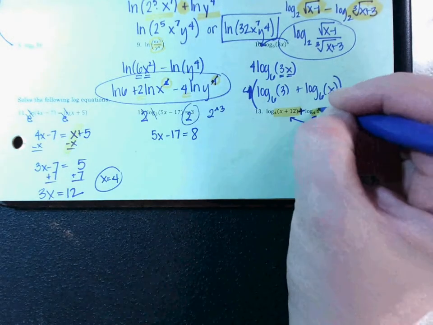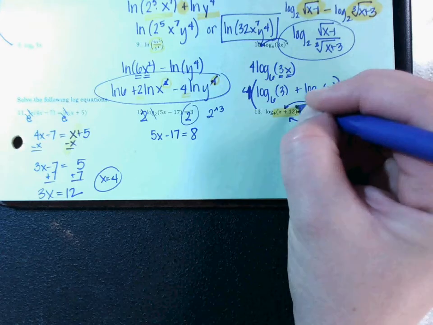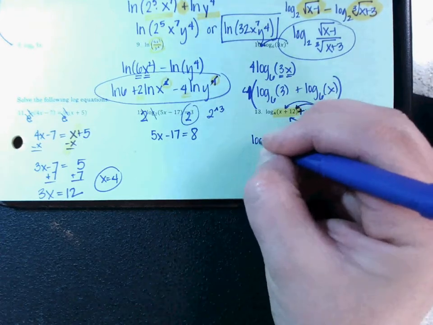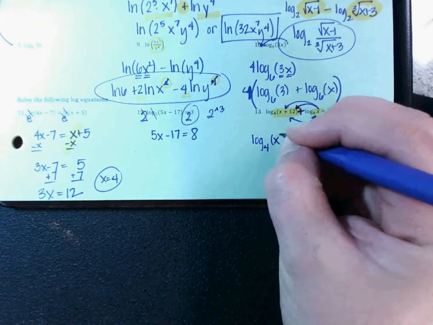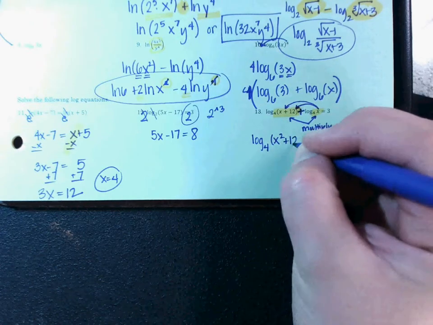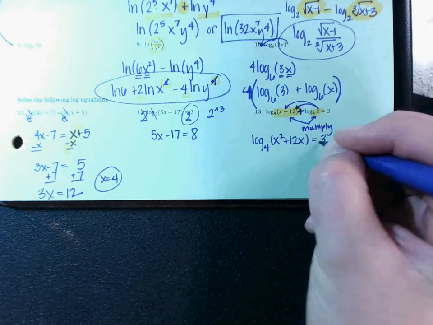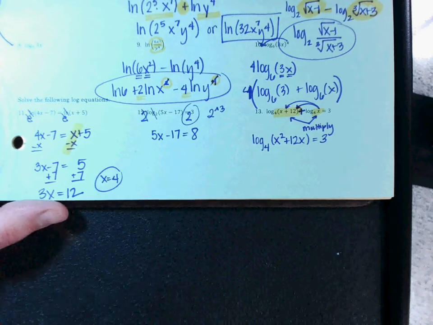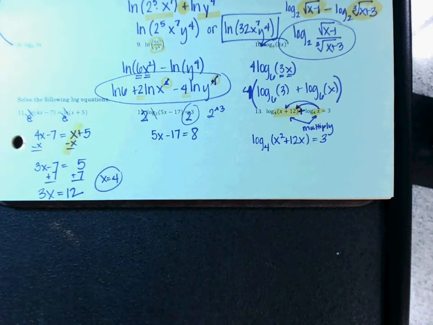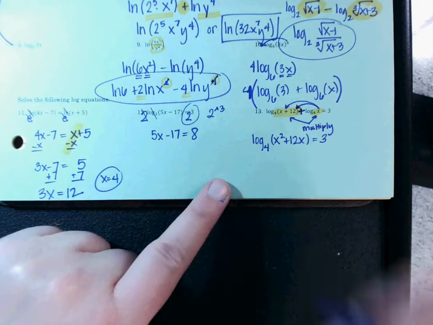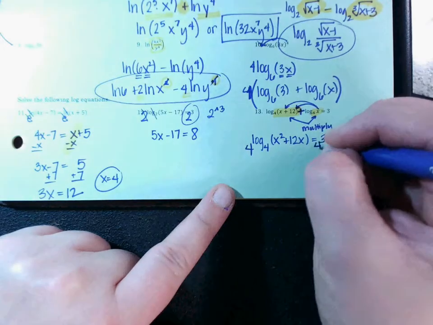So x times x, what do we get? Okay, so log base 4 of x squared, and then x times 12 is 12x. And then equals 3. So I take my two logs, I combine them into one log, and now to get rid of the log 4, I can base 4 both sides. So I'm going to 4 this side and 4 that side.